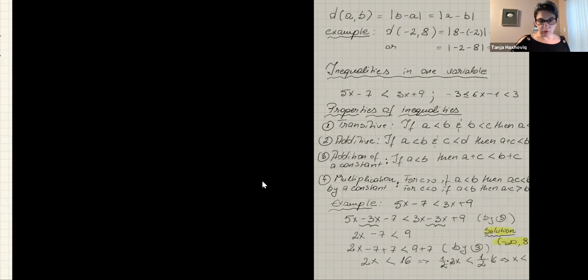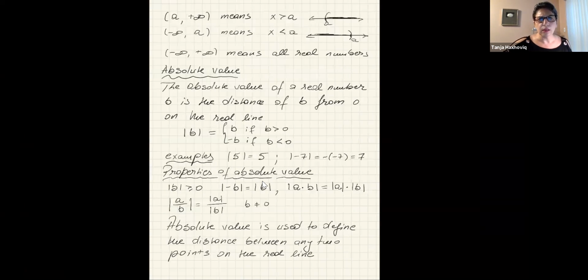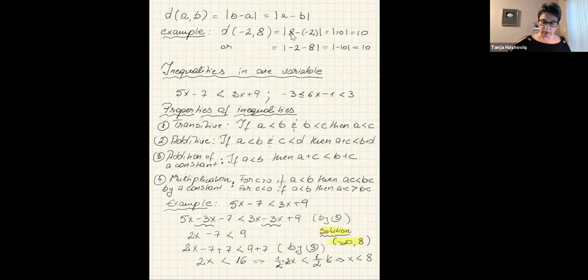Minus infinity, a means all numbers that are to the left of a. So x being less than 8 means all numbers to the left of 8, and you write the solution as the open interval minus infinity, 8.